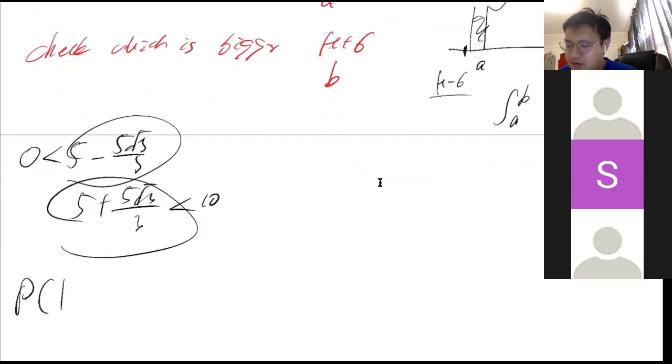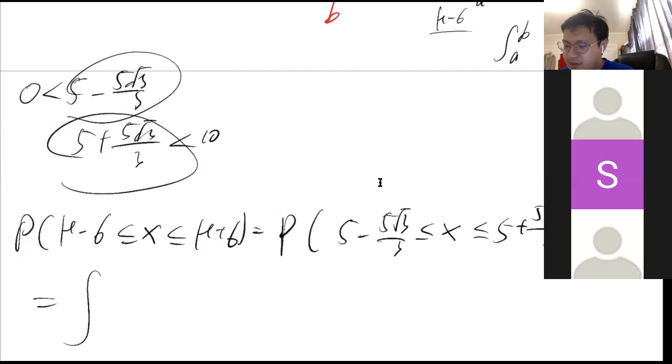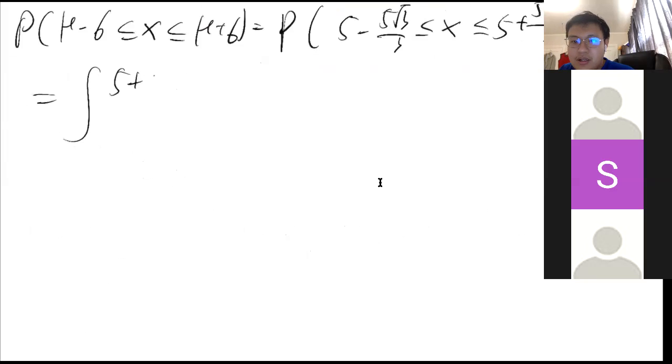So P of mu minus sigma to mu plus sigma is just equal to the probability of x greater than 5 minus 5 square root of 3 over 3, less than 5 plus 5 square root of 3 over 3, which is the integration from 5 minus sigma to 5 plus sigma of f(x) dx. f(x) is a constant in this case.